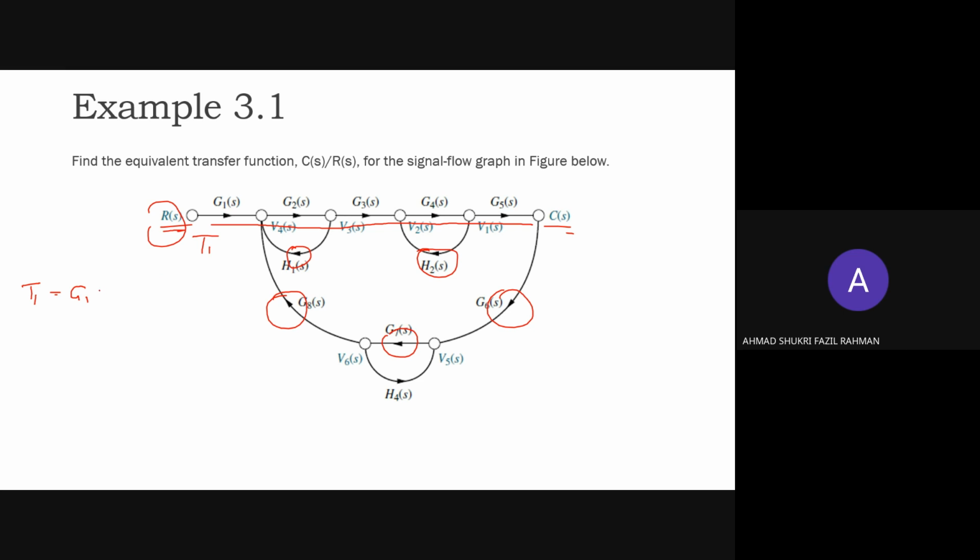Make sure that the naming convention is correct. G1 of small s, multiplied by G2 of small s, multiplied by G3 of small s, multiplied by G4.